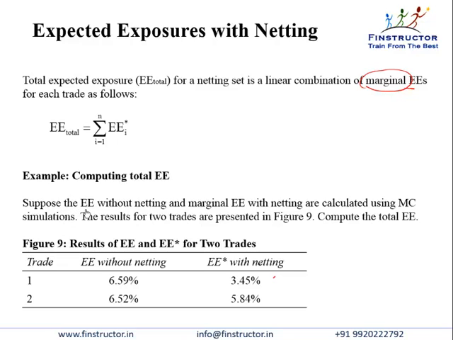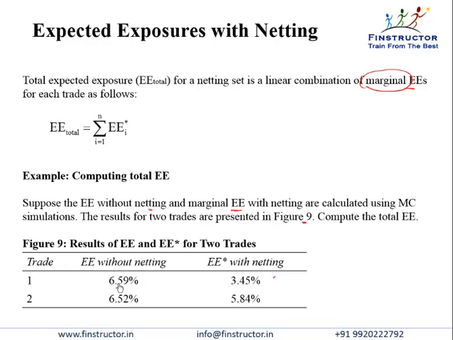Suppose the expected exposure without netting and the marginal expected exposure with netting are calculated using Monte Carlo simulations. The results of the two trades are presented in figure 9. Compute the total expected exposure. So independently, trade 1 and trade 2 have an expected positive exposure to the tune of 6.5% of their notional values.